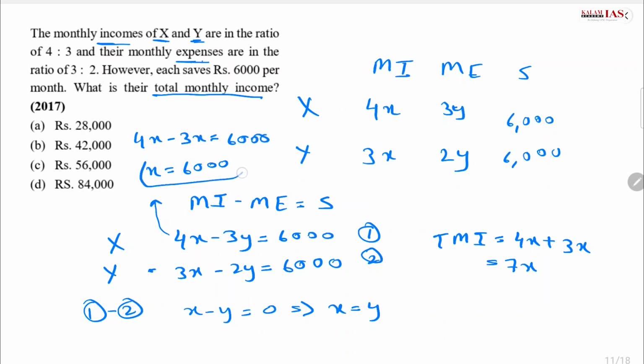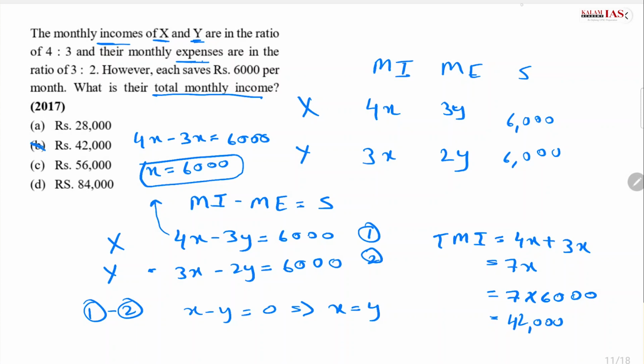That means the value of x is 6,000. Substituting this value of x here, we get 7 into 6,000, which is 42,000. This means the total monthly income is 42,000.